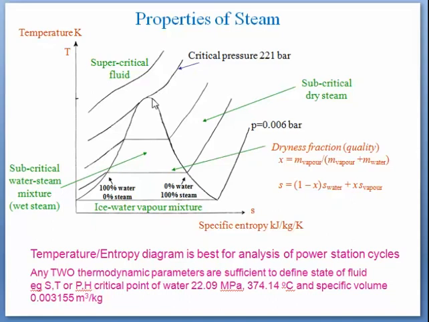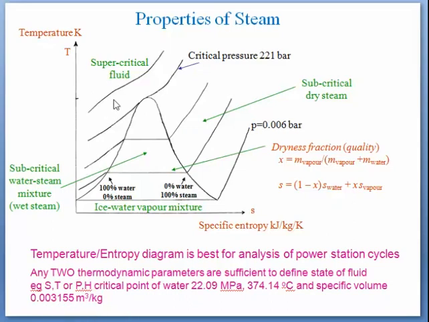And the critical point parameters of water are: critical pressure is 22.09 megapascals, or rather you can say 221 bar. Then temperature is 374.14 degrees centigrade, and specific volume will be 0.003155 meter cube per kg.